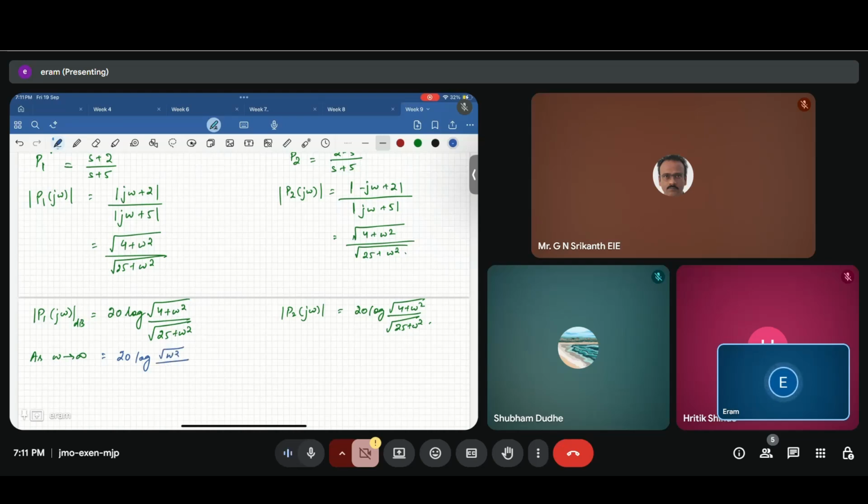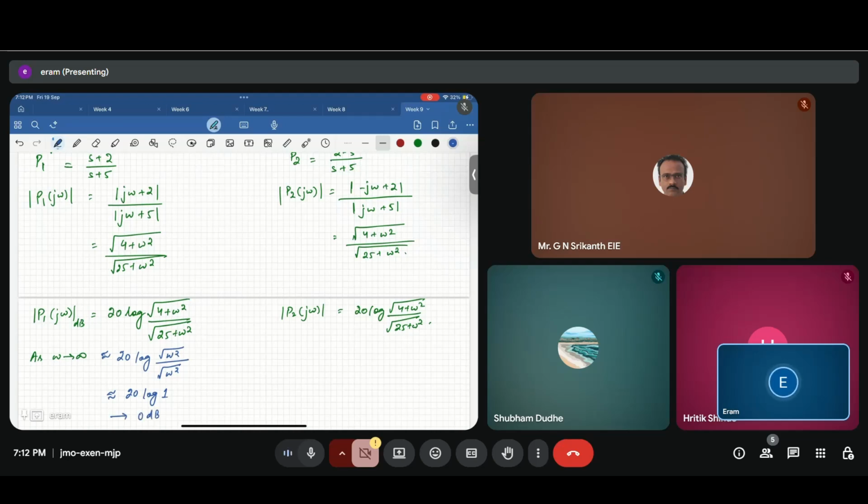Similarly, if omega is very large, adding 25 to it is irrelevant, so we approximate it as square root of omega square. It is an approximation, so both the numerator and denominator are equal. So we have 1. That means the magnitude will converge to 0 dB.